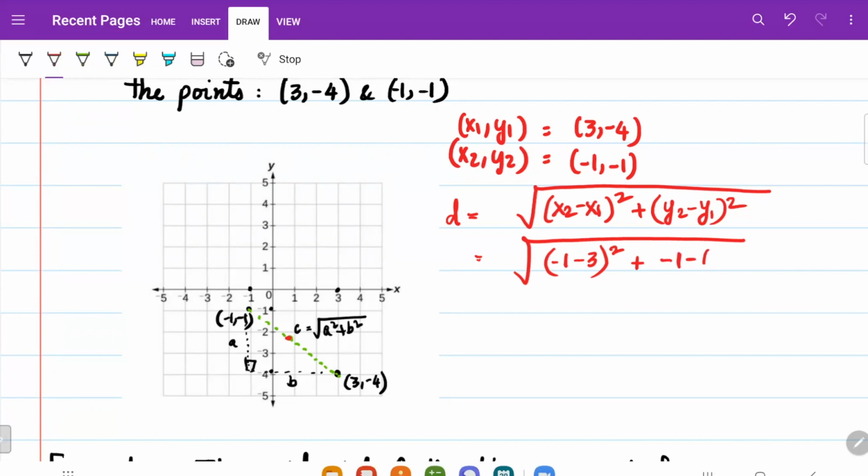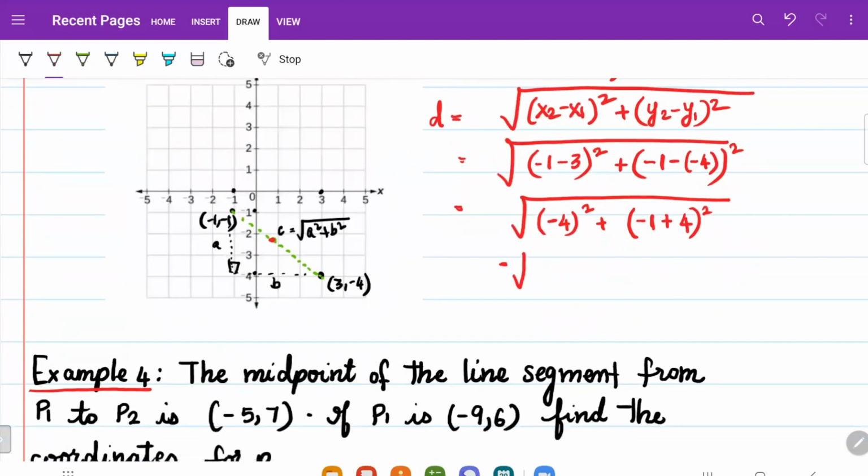So we have minus of minus 4 then squared. Here we have minus 1 minus 3, which is (minus 4) whole square, plus, as you can see here, you have minus 1, minus times minus gives you a plus. It's (minus 1 plus 4) whole square.